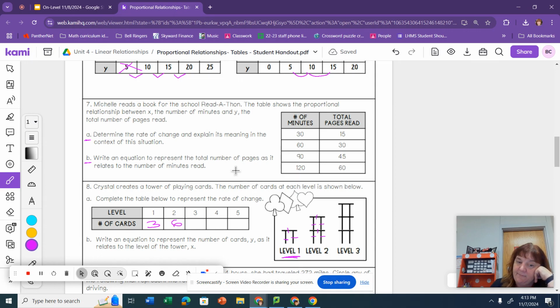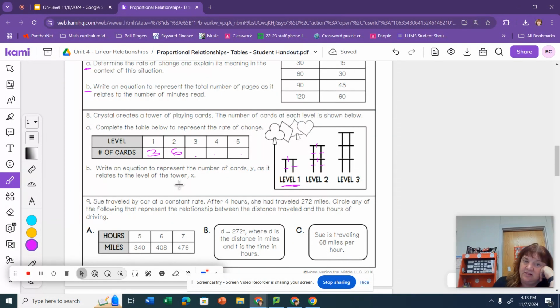What do I go up by each time? Okay. So it looks like I'm going up by 3. So then I have 9, and I go up by 3, and I have 12, and I go up by 3, and I have 15. What would the equation be? Do you know the equation? Okay, I hope you got that right.